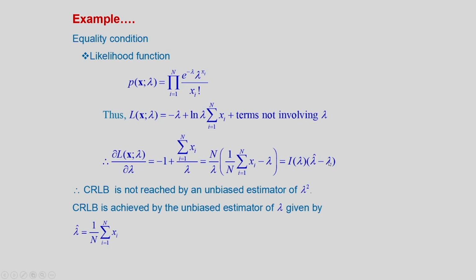Here it is lambda, not lambda square. Therefore, we conclude that the CRLB is not reached by an unbiased estimator of lambda square. It is reached by an unbiased estimator of lambda, which is given by lambda hat equal to 1 by n times summation xi, i going from 1 to n.